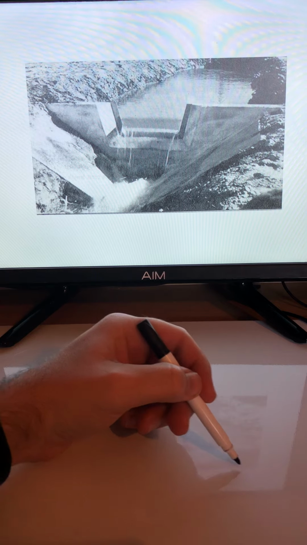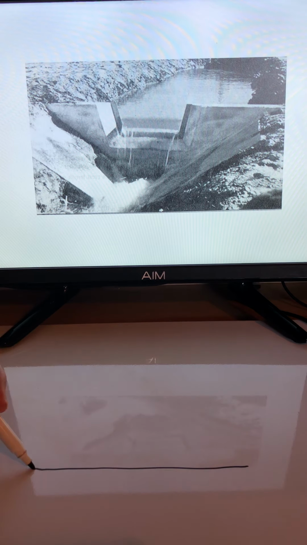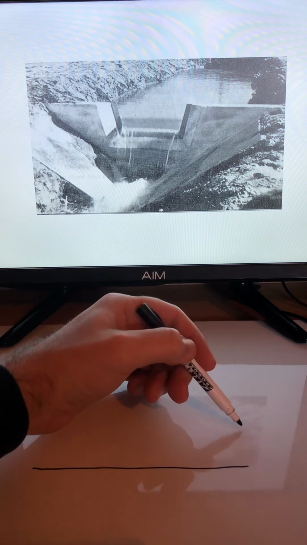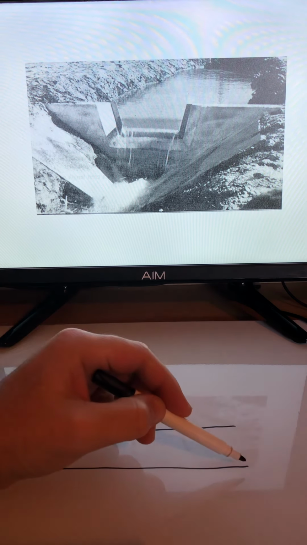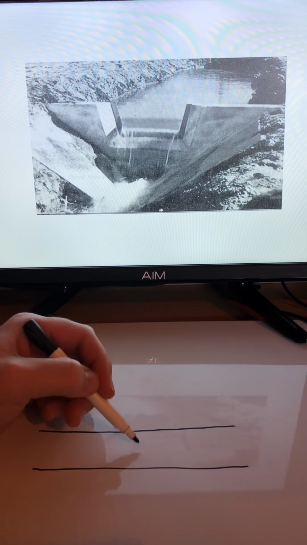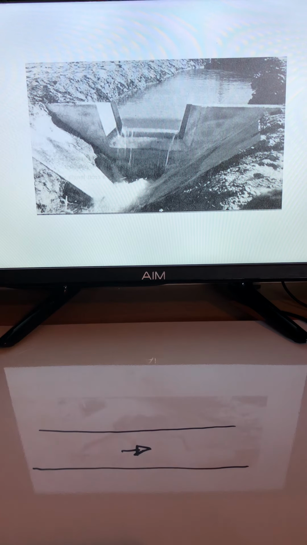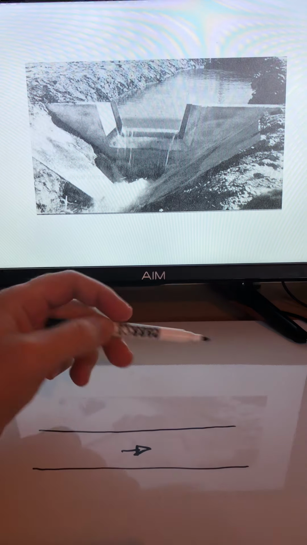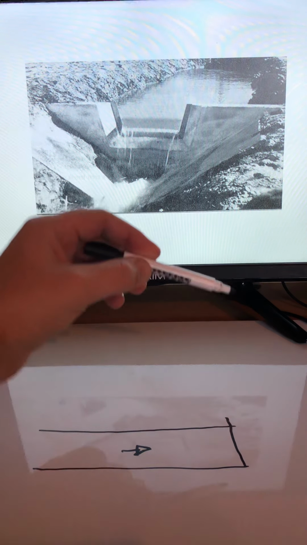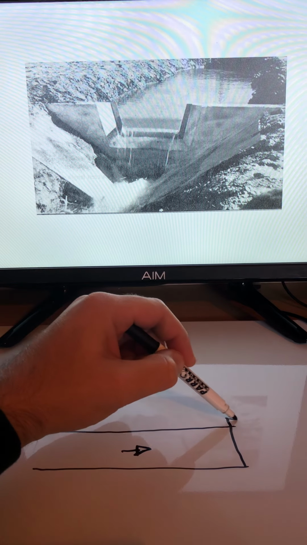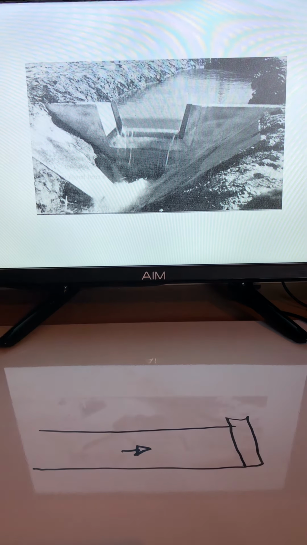If this is your river, and it's moving in this direction, then your weir will be constructed over there.